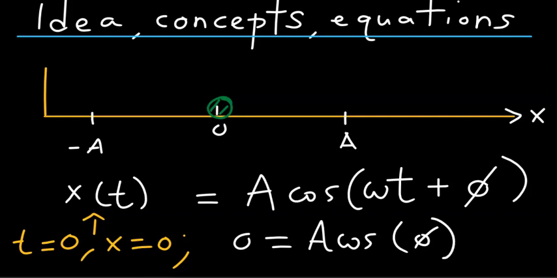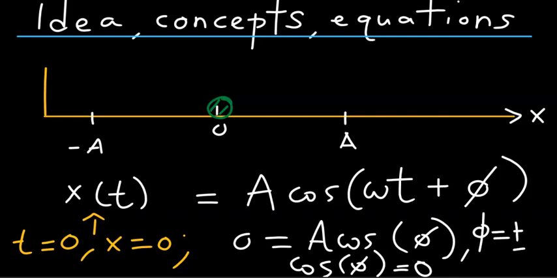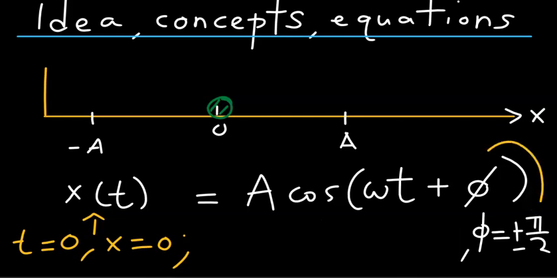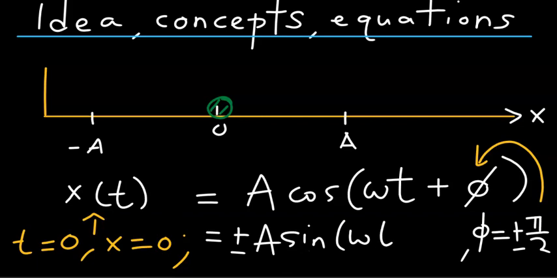So that means cosine phi is 0, and phi can be taken to be plus or minus 90 degrees, pi over 2 radians. Which means after you substitute this inside here, you can rewrite the coordinate as plus or minus a sine omega t.